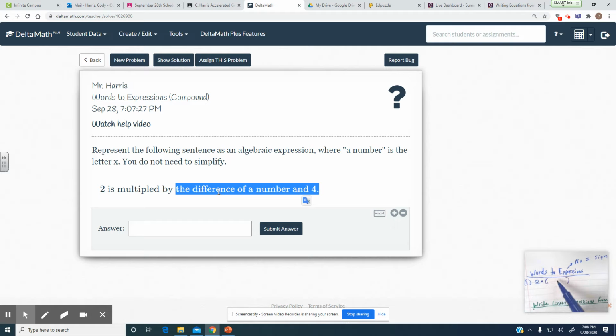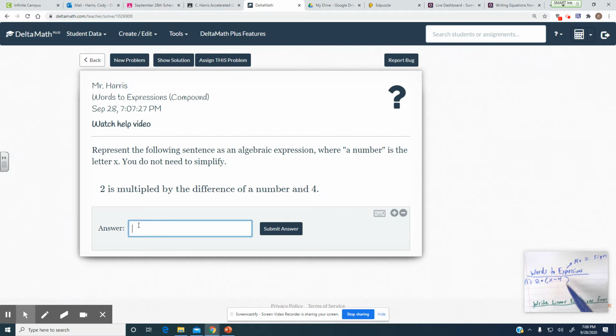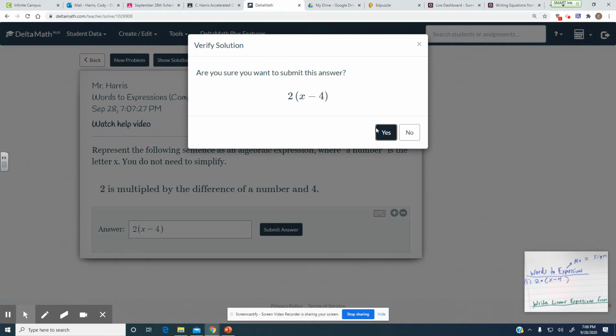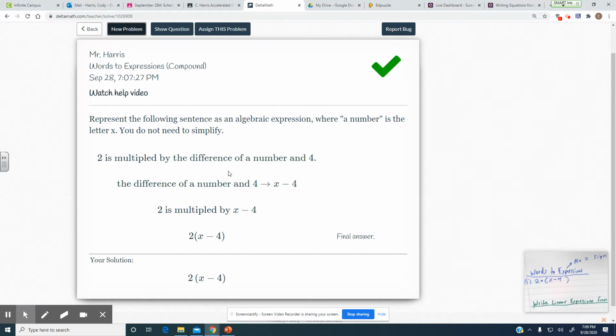We use parentheses. The difference of a number, which we call x, and 4. So 2 times parentheses x minus 4. Let's see if that's right. Aha, there you go. And if you need your explanation, there it is.